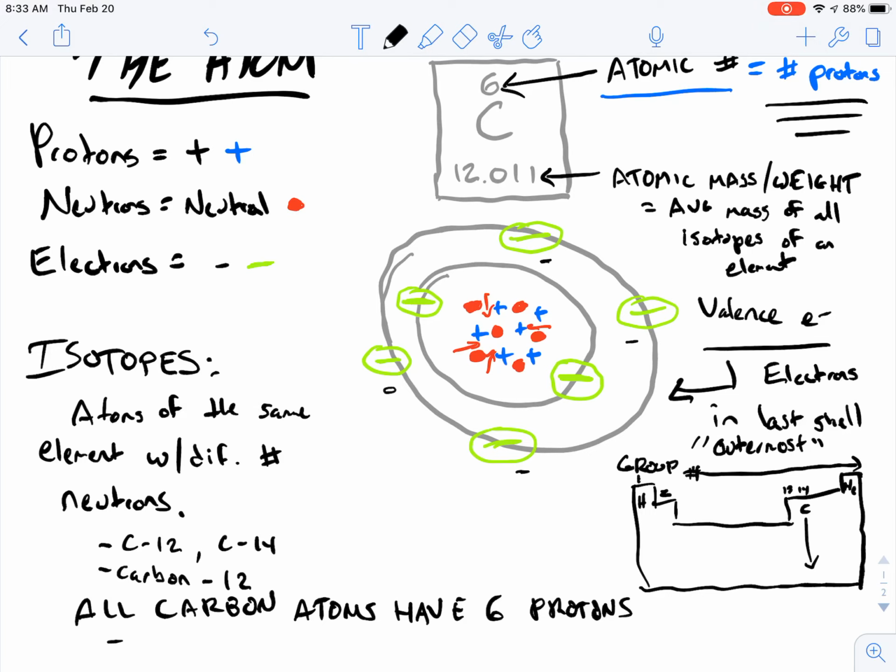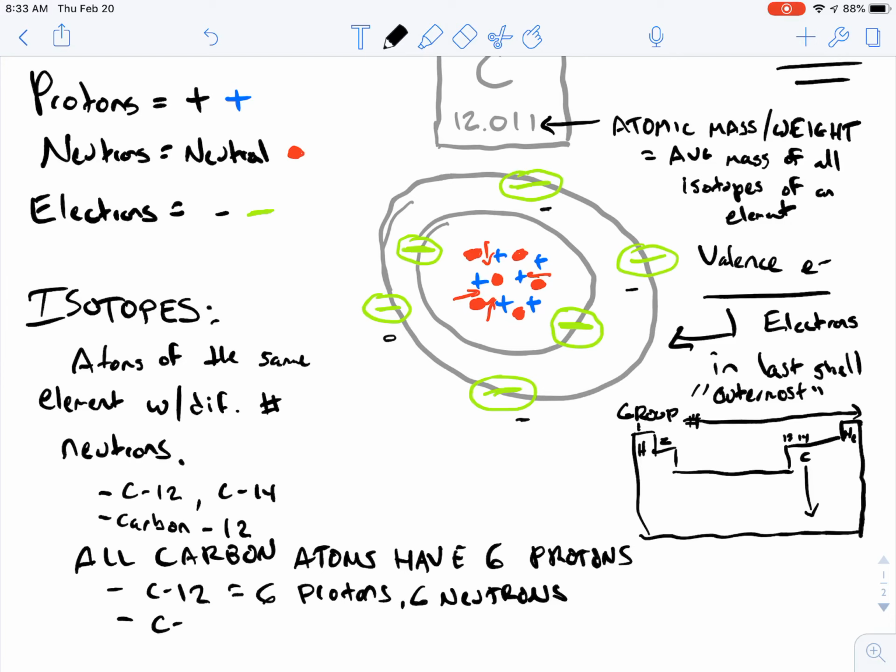So each of these carbon-12 will have 6 protons and 6 neutrons, while carbon-14 has 6 protons and 8 neutrons.